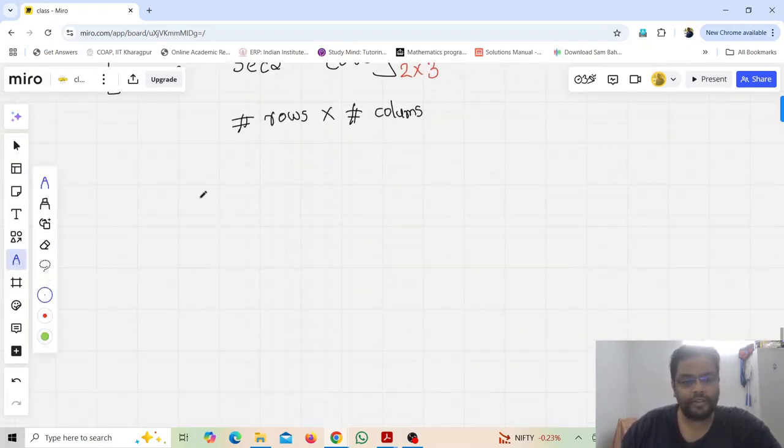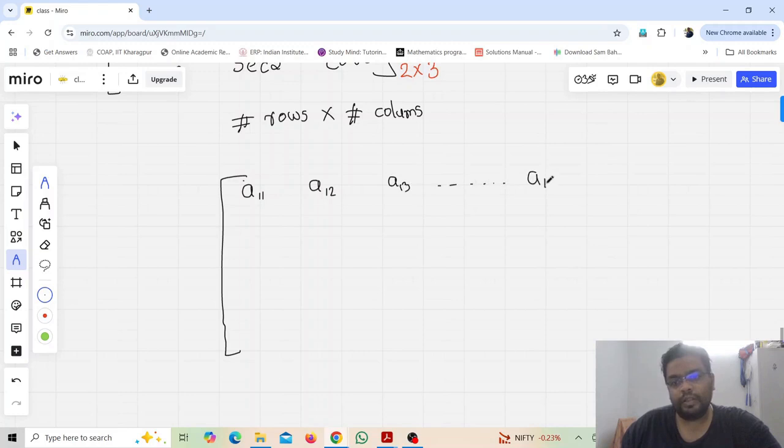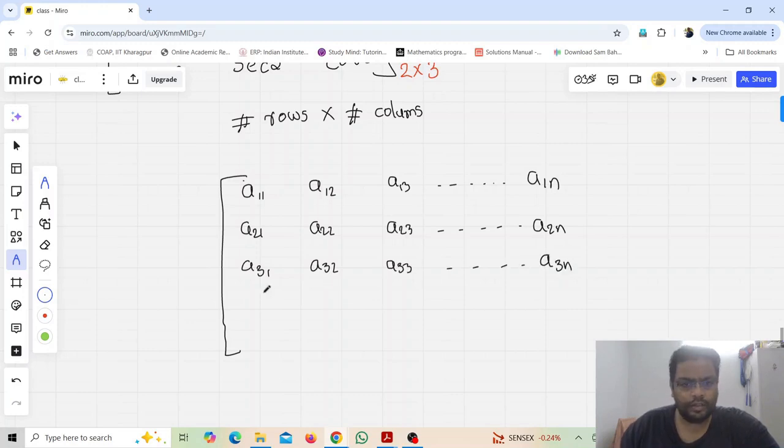So let's consider a general matrix. So let's say A11, A12, A13 up to A1n, A21, A22, A23 up to A2n, A31, A32, A33 up to A3n, and we can extend this to AM1, AM2, AM3 up to AMN.